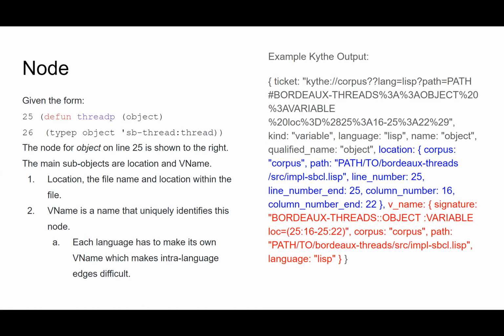This is hard because of the uniqueness constraint, and there's no good answer. C++ does a hash of several things. In some cases, we use location. So that's one of the difficulties.